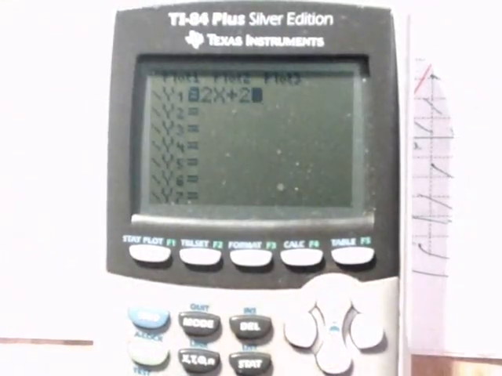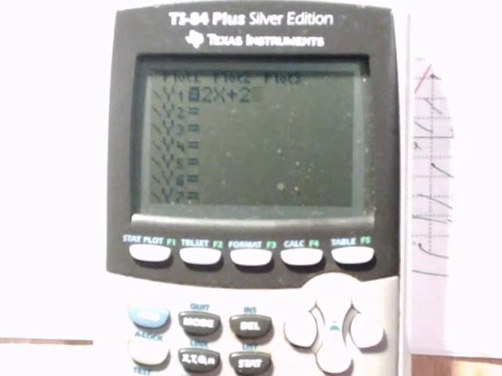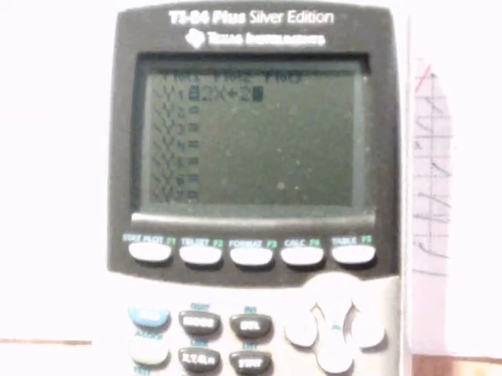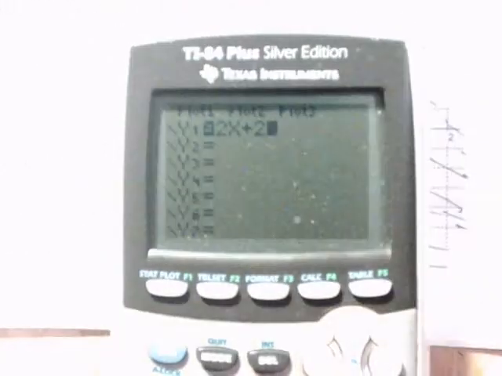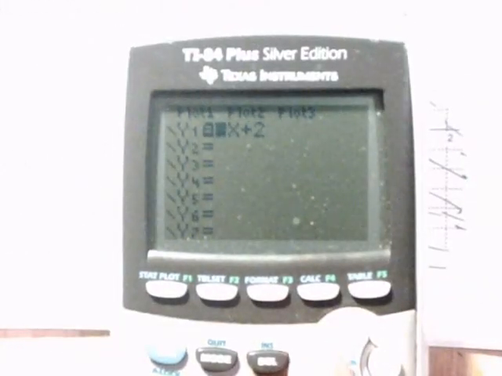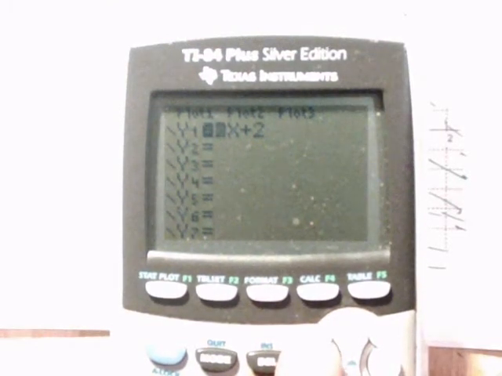And then with this cursor right here, just back up like this and continue going over the equality, backing up like that, and then one more.